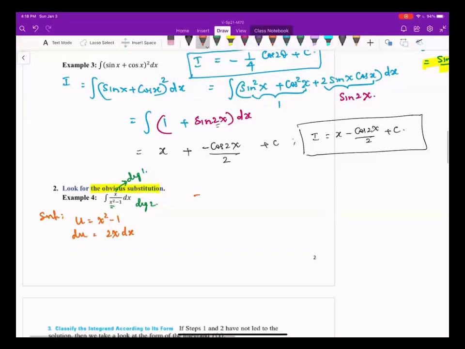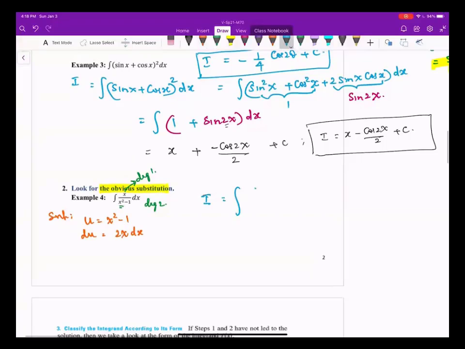So I, which is equal to the integral of x divided by x squared minus 1 dx, has u in the denominator. The numerator is actually x times dx. X times dx is half of du. That half can be taken out of the integral sign, being a constant.